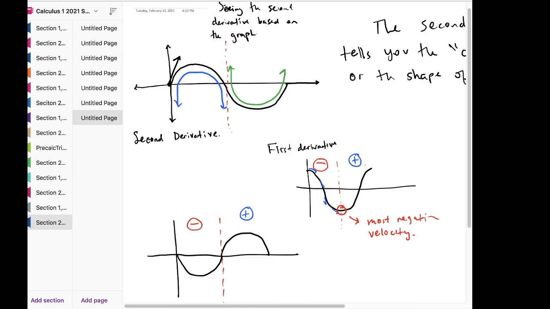As you continue to move, you are decreasing in speed. Relative to where you started, your speed is decreasing. So that's why it has this shape here.